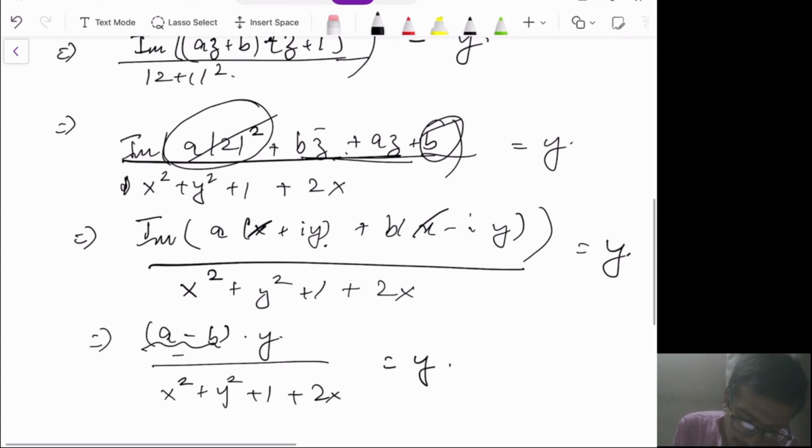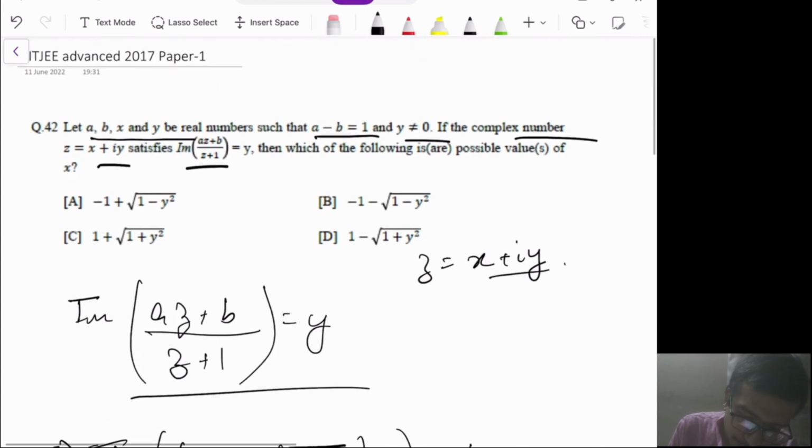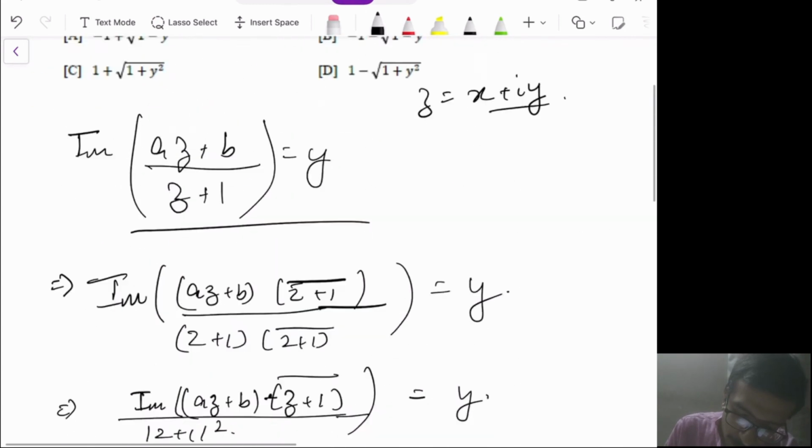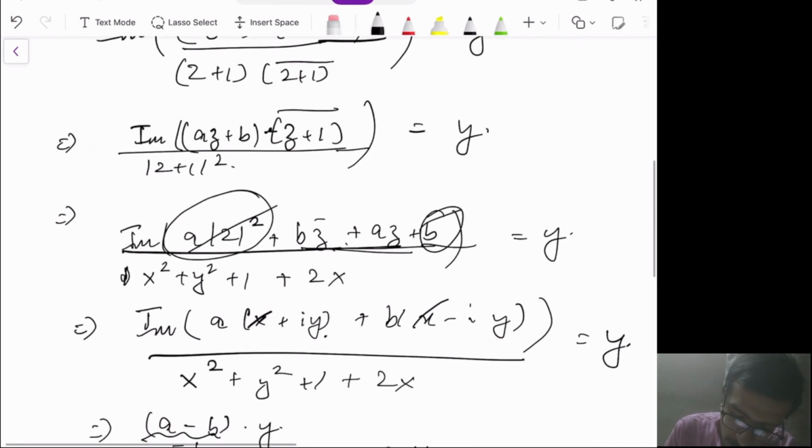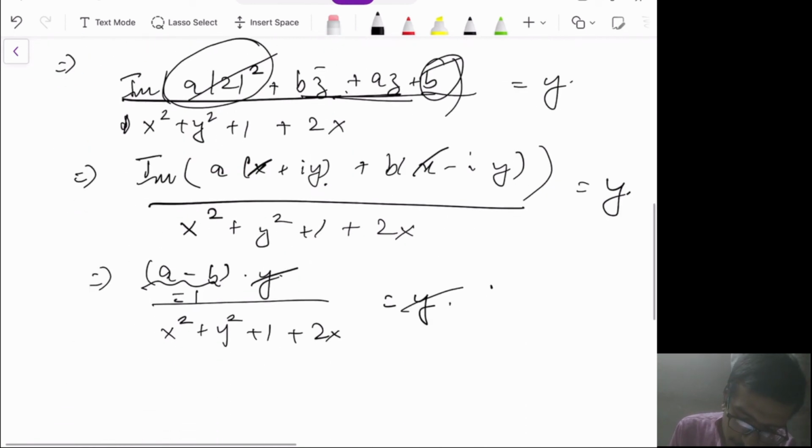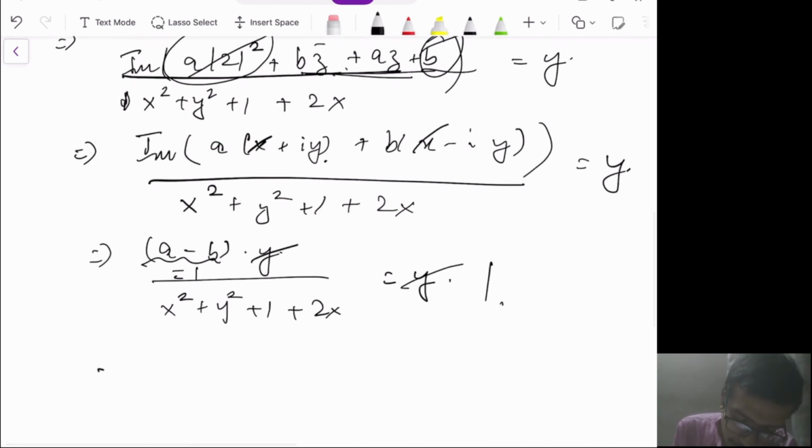And a minus b we are given as 1, and we are also given that y is non-zero. So since y is non-zero, I can cancel y from both sides, and now I get x square plus y square plus 2x plus 1 equals 1.